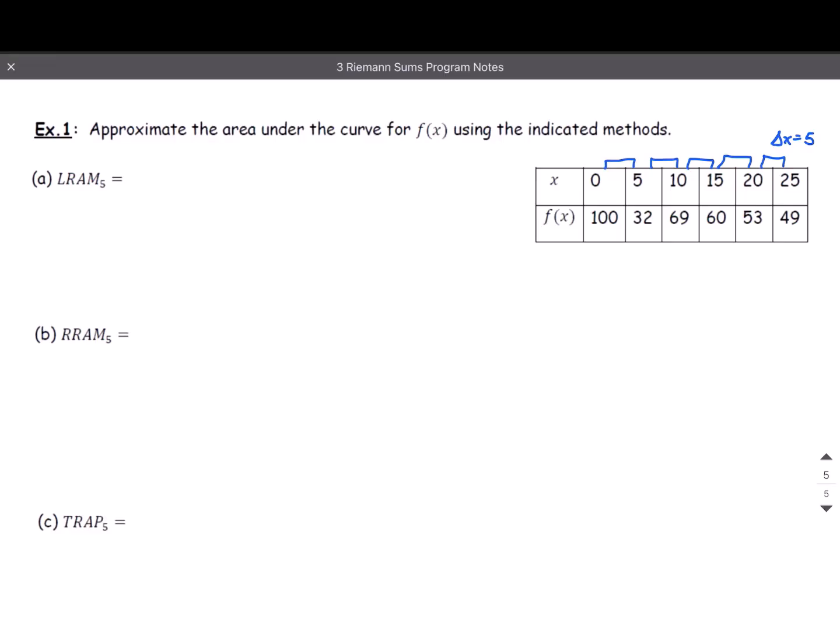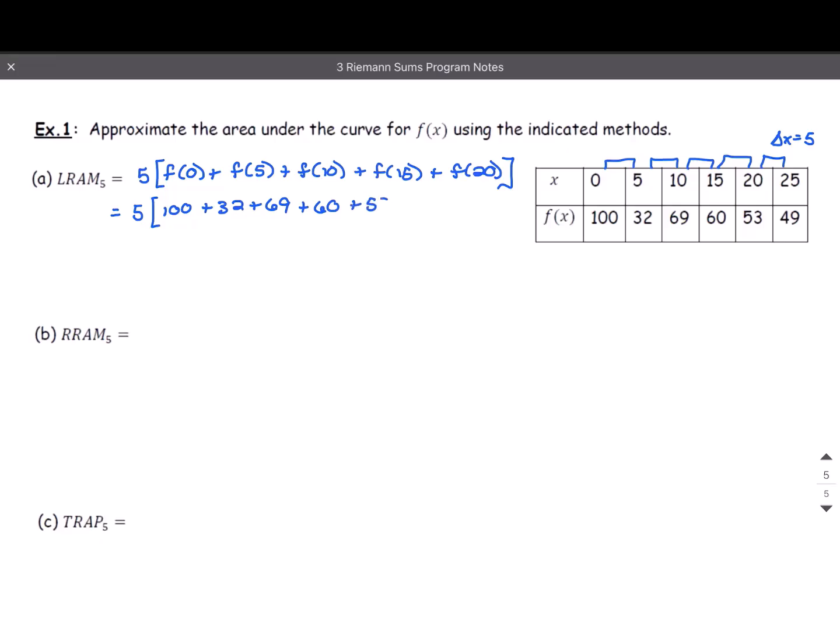So our LRAM, I can factor out our base, which is 5, and from 0 to 5, 0 is on the left, so we're going to use f of 0, f of 5, f of 10, f of 15, f of 20. We are not going to use the 25, which is the rightmost endpoint. So this is 5 times f of 0 is 100, plus 32, plus 69, plus 60, plus 53.